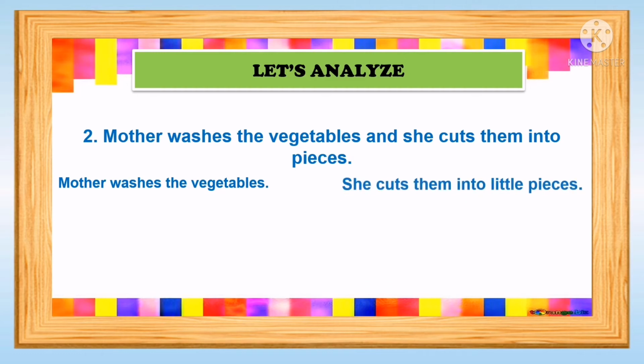And the second independent clause is she cuts them into little pieces. Now, where is the coordinating conjunction or the connector? Well done, kids. The connector is and.